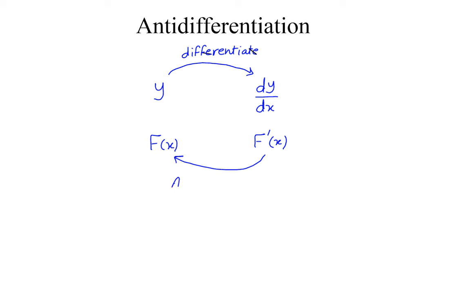So the antiderivative or the anti-differentiation is the process where you go back to the original function that gave you that derivative. The other word for antiderivative or anti-differentiation is integration.